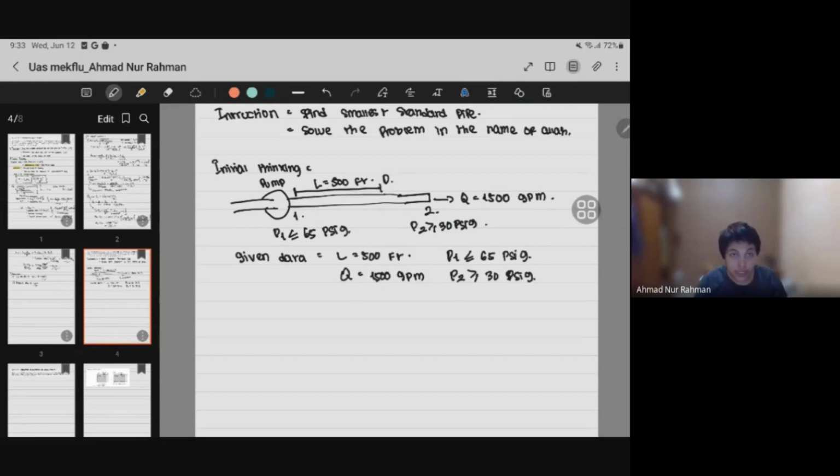And we knew that P1 max equals 65 and P2 max equals 30 psig.